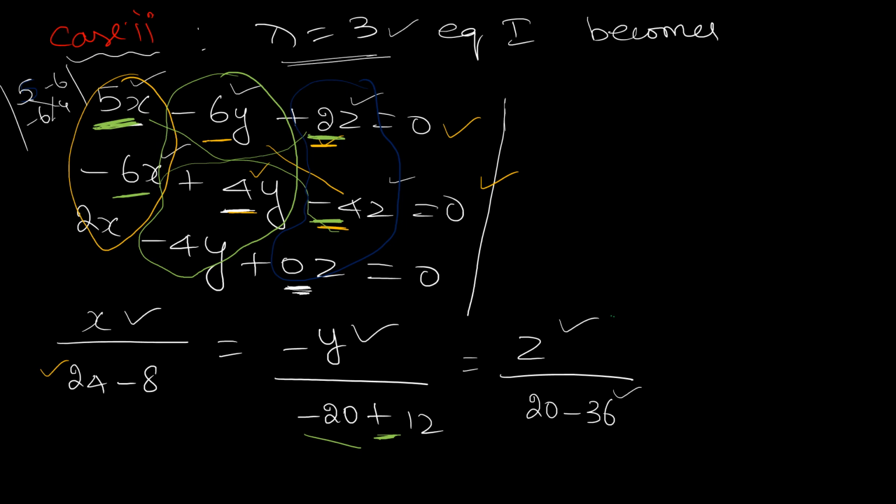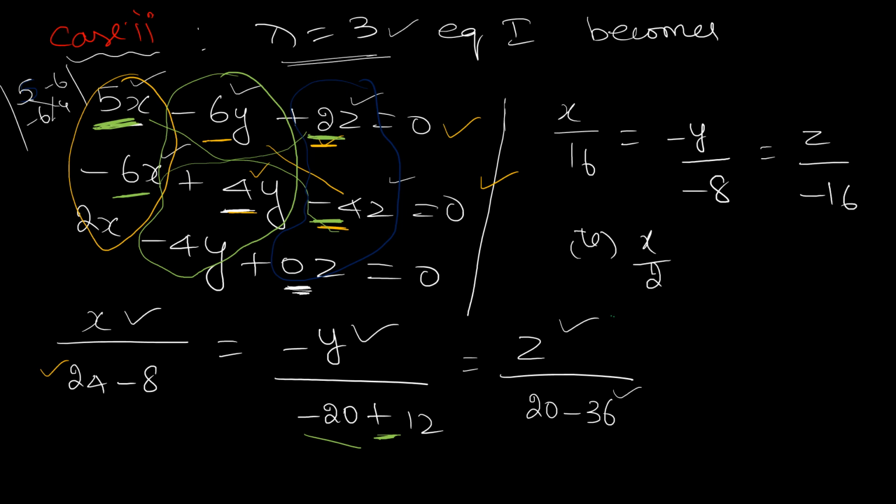So finally when we simplify, x by 16 is equal to minus y by minus 8, then y by plus 8 we can write is equal to z by minus 16. So if I simplify this, x by 2 is equal to y by 1 is equal to z by minus 2.